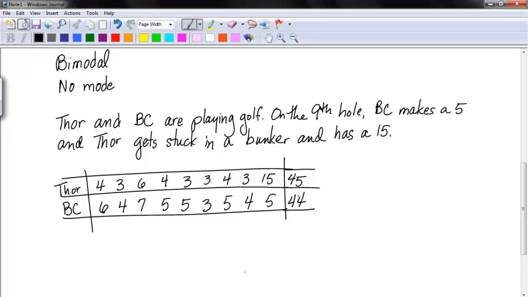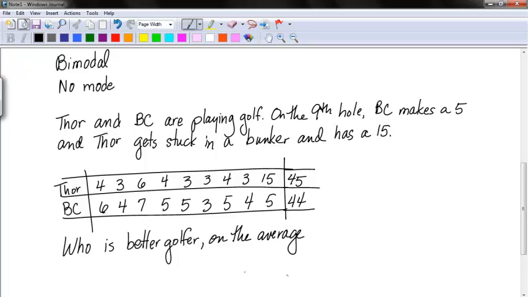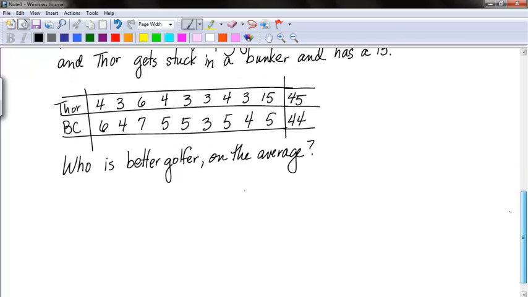Now, if I said who shot the best score, it'd be BC. But if I say who is the better golfer on the average, it used to be that on the average would be just the mean. But you need to find all three of them.